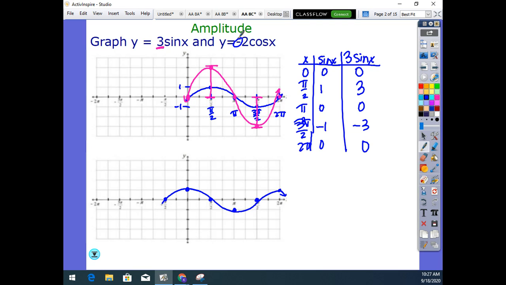Now, you'll recall from transforming before that a negative in front of a graph reflects. So we're going to reflect and stretch it by negative 2. So if I take my y values times negative 2, the graph itself flips. 0 stays 0. Negative 1 goes to positive 2.